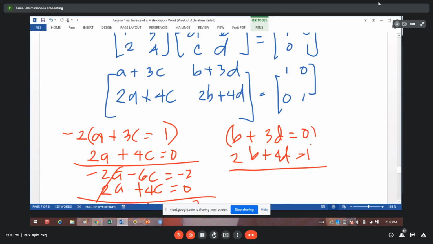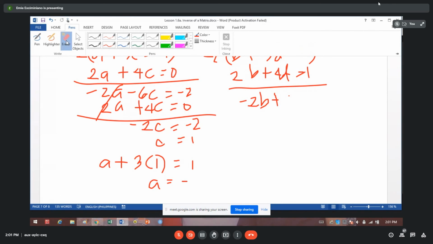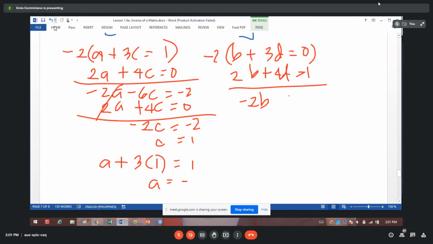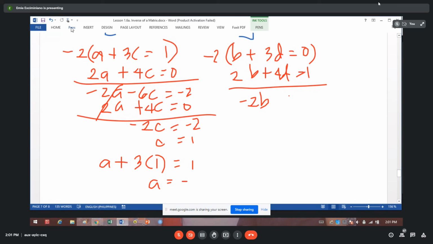So, i-eliminate natin si B. Therefore, we have negative 2B plus negative 6D equals 0, and 2B plus 4D equals 1.